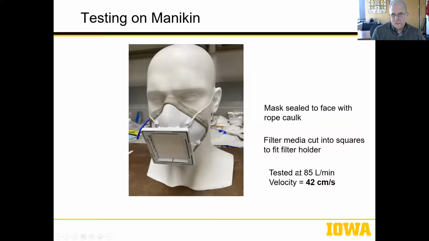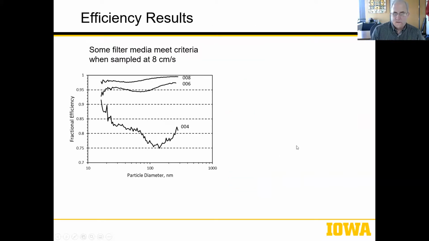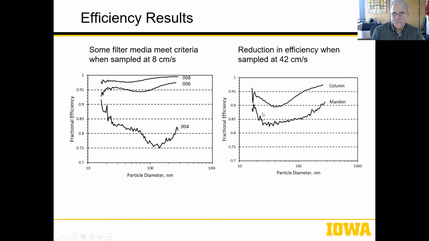The one downside now is we're forcing all 85 liters per minute through that smaller area. That increases the velocity, which increases the breathing resistance and decreases the efficiency. So many of these materials that we came up with were possible if we could get them as big as a normal N95. That's what's going on here at 8 centimeters per second. So they, again, showed really good promise for some of them.